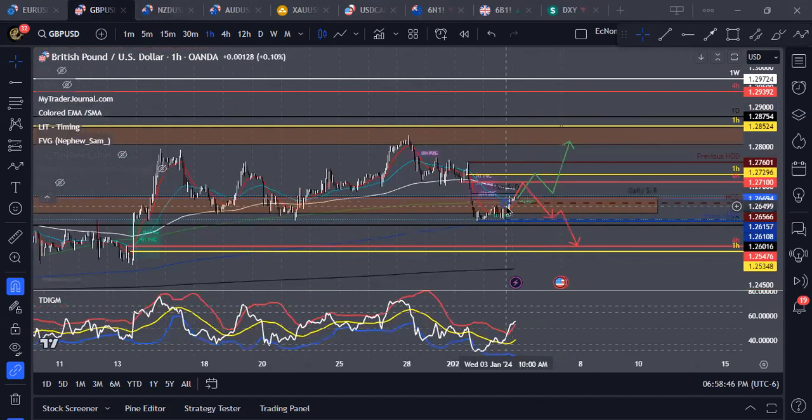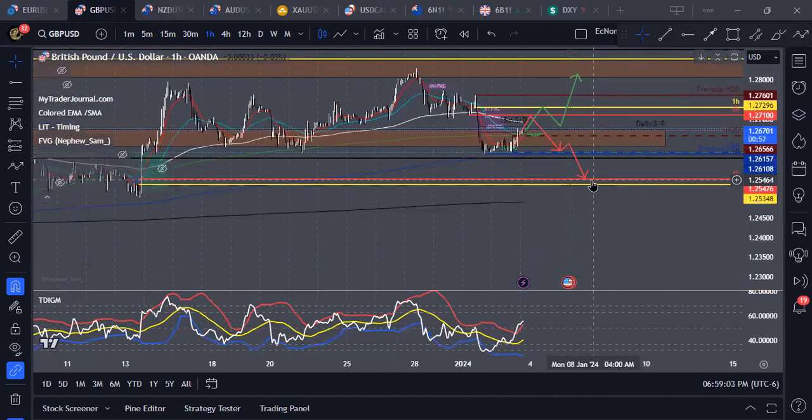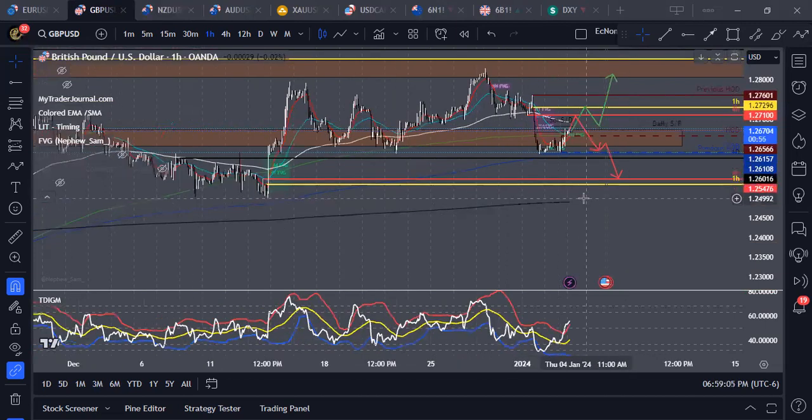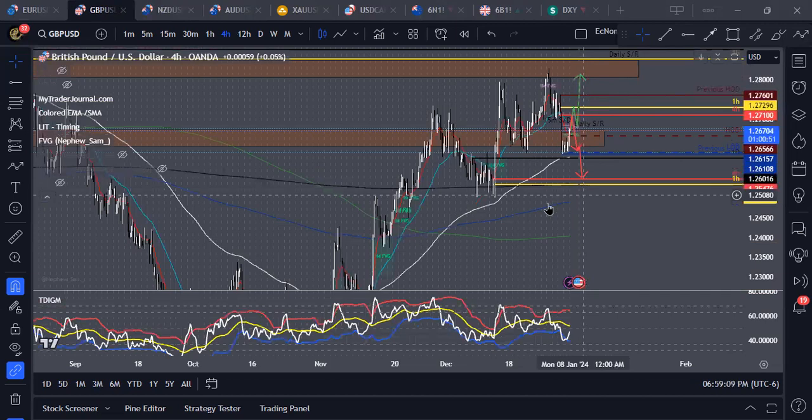And now we want to see price either continue all the way back up towards the daily resistance that it's respecting inside of this daily support, or it's going to pull back, maybe hit these EMAs, come back and retest some of these areas right here, this range, and then drop back down and continue towards the 4 hour demand zones here, maybe a little farther down towards the 3200 EMA, which is the 4 hour 800.